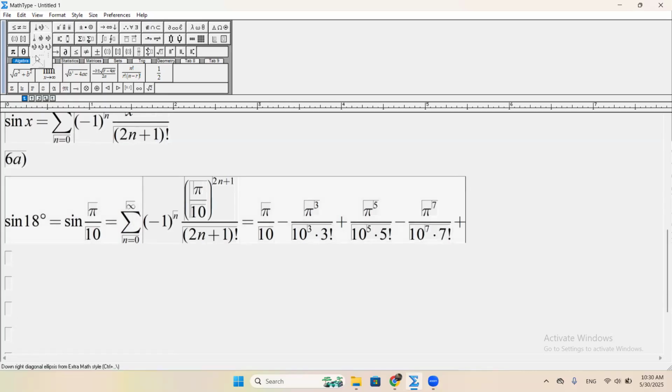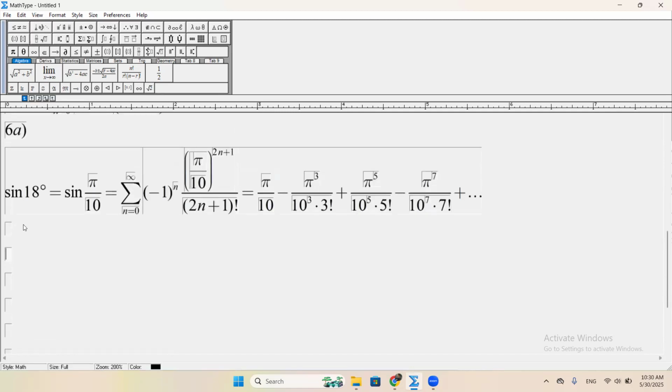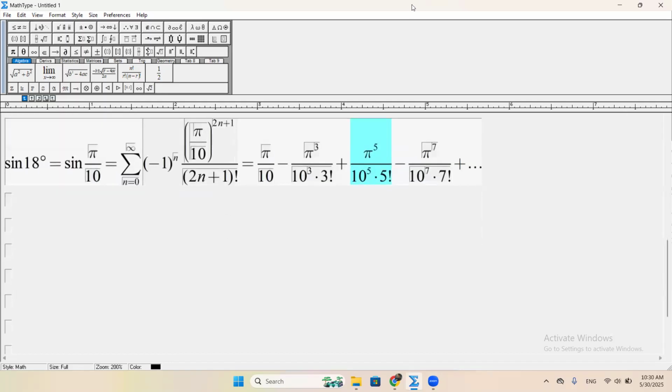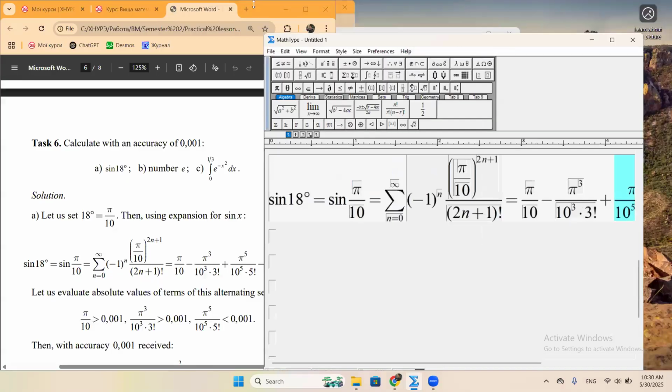And so on. So what do we have to do here? We will calculate the module of each of these terms until it is less than the required accuracy.